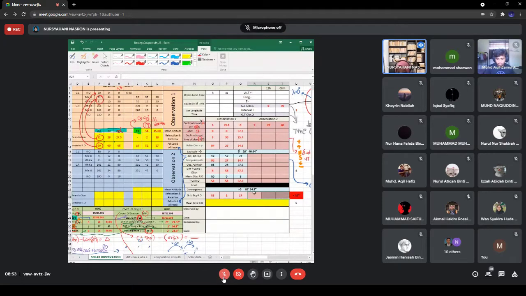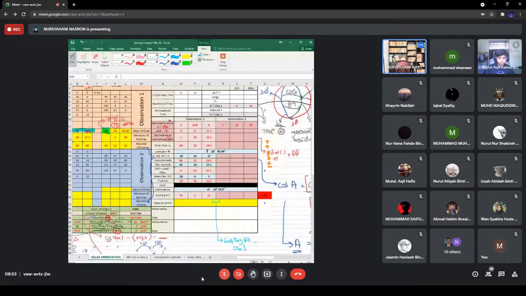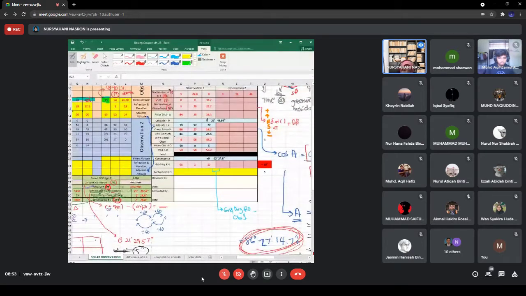After you calculate observation 2, if you want to know whether your data is acceptable or not, you need to minus the grid bearing RO for observation 1 with the grid bearing RO for observation 2.